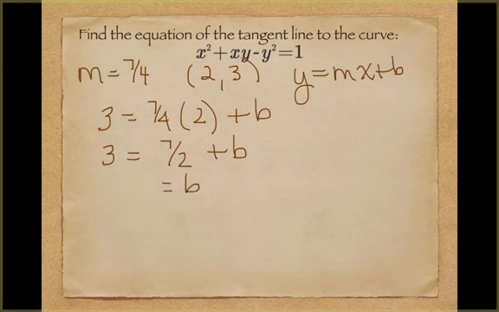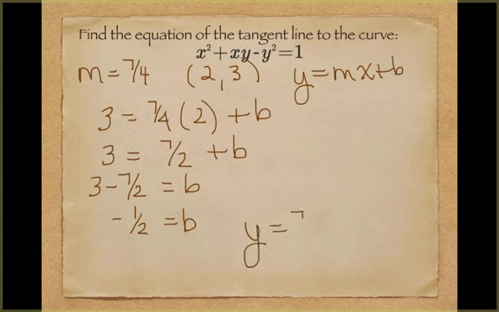So b equals 3 minus 7/2. So b equals negative 1/2. So my equation of the line tangent to that curve at the point (2, 3) is y equals 7/4 x minus 1/2.